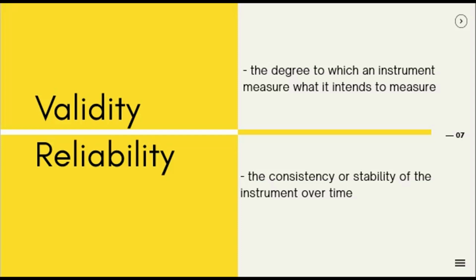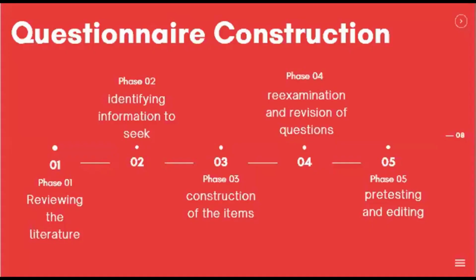So now let's proceed with the next one. In constructing the questionnaire, there are 5 phases. First is to review the literature. The second phase is identifying information to seek. Then the third phase is the construction of the question items.